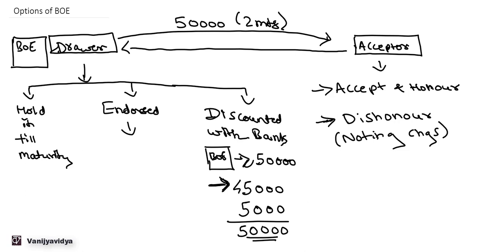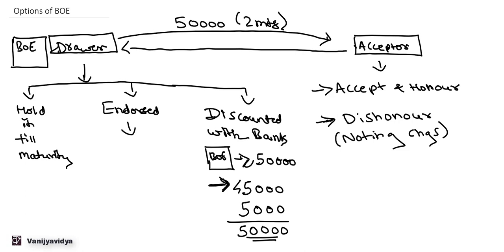Now what will happen if the bill of exchange was discounted with the bank? In this case, the bank will go to the acceptor. The acceptor was not ready to pay, so the bank will go to the drawer, and the drawer has to immediately make a payment to the bank for the bill that was discounted and subsequently dishonored.